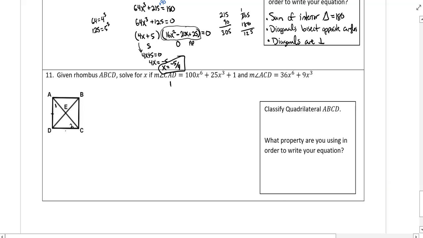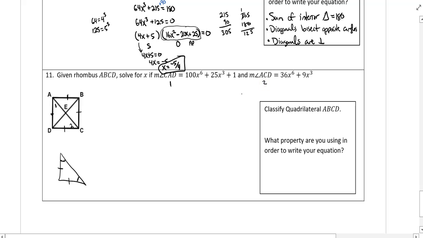So AD is congruent to DC, because really all four sides are congruent because it's a rhombus, and so if I take half of this, we see an isosceles triangle. So angle 1 is congruent to angle 2.